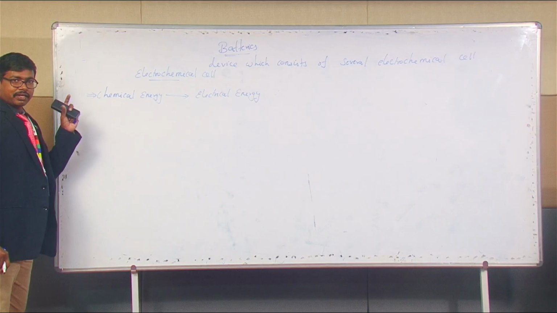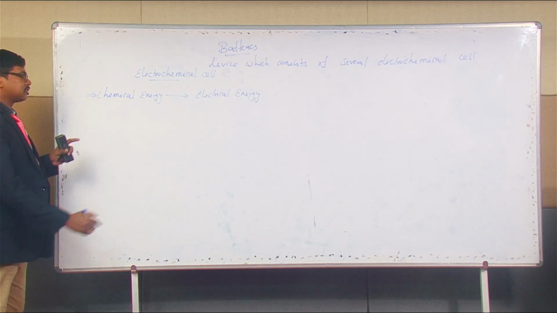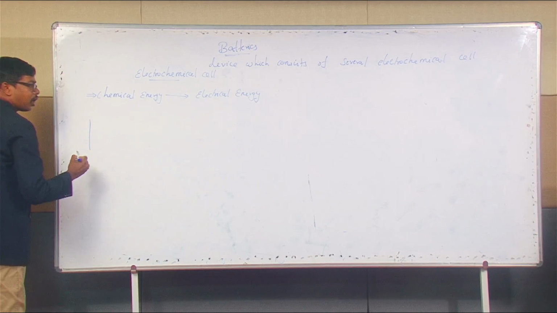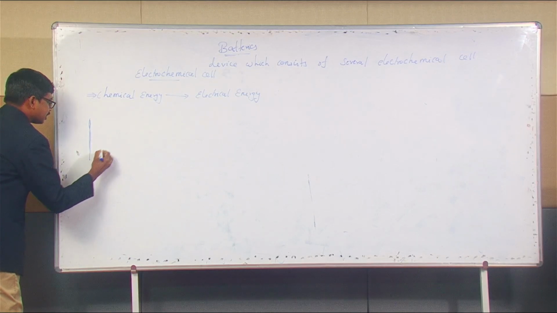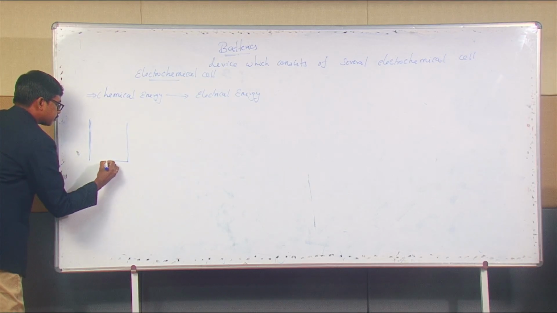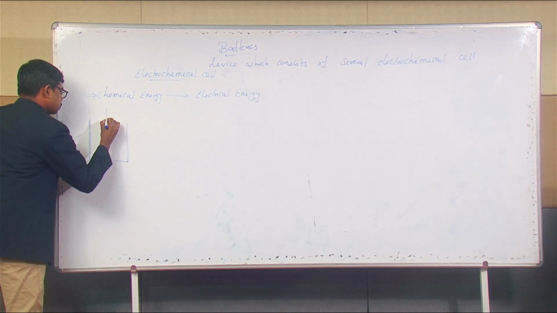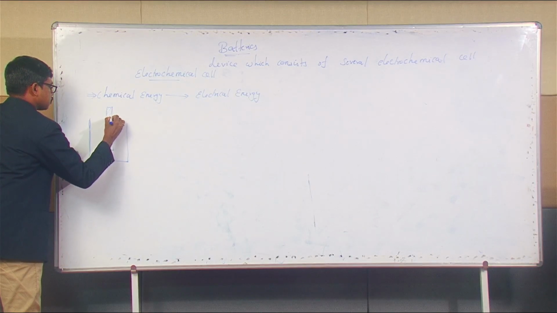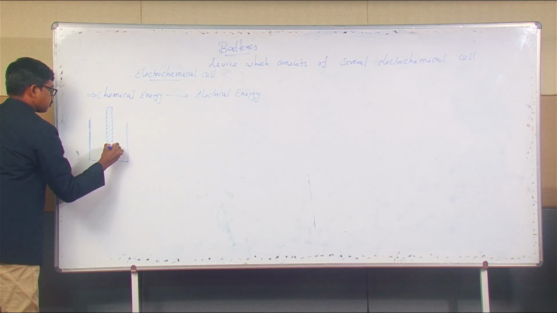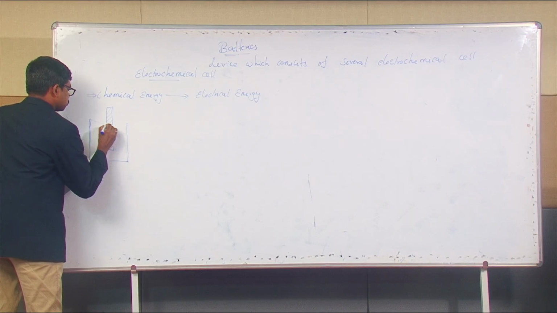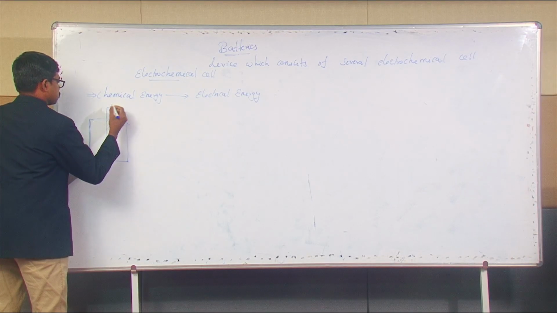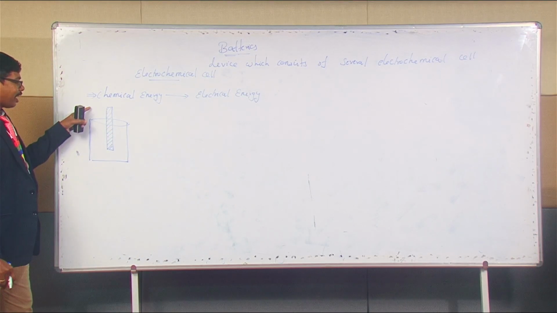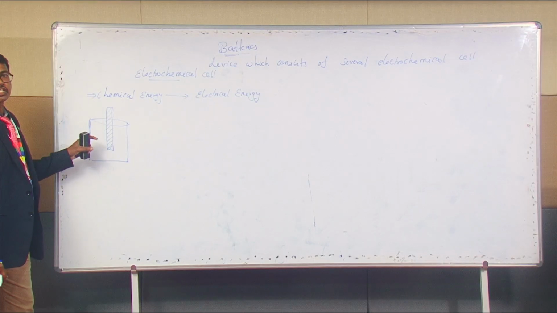Next, I will briefly explain the electrochemical cell. We can construct an electrochemical cell consisting of two half cells. One half cell acts as an anode. A half cell consists of an anode dipped in its own salt solution.